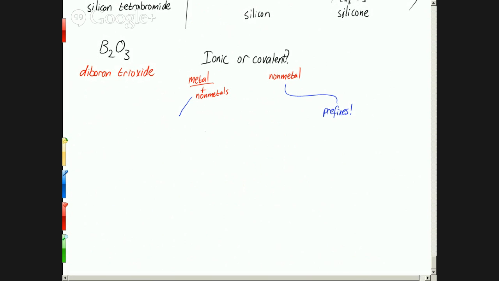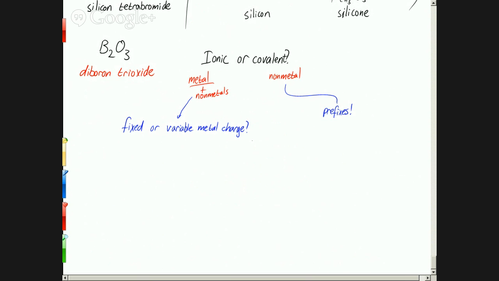Your next choice is to look at the charge of the metal. Does that metal have a fixed charge where it always takes the same charge, or can it take some different charges?